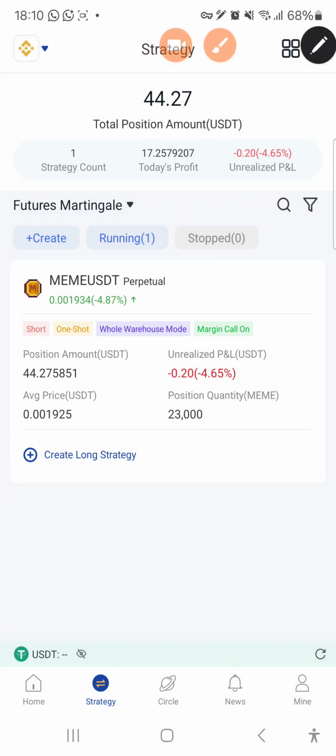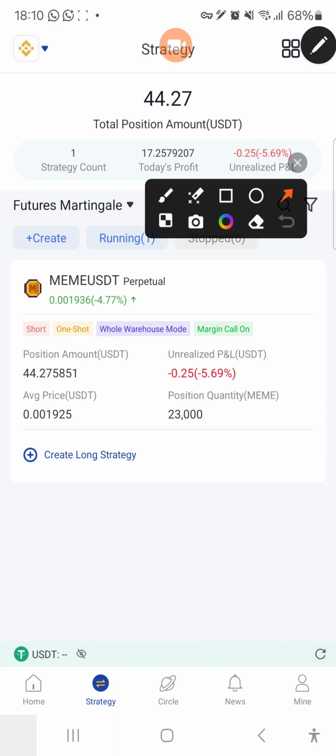When you open a shortcut, if you're a first timer in trading, you're going to realize that you'll have this provision here: the futures martingale, and of course the spot martingale.